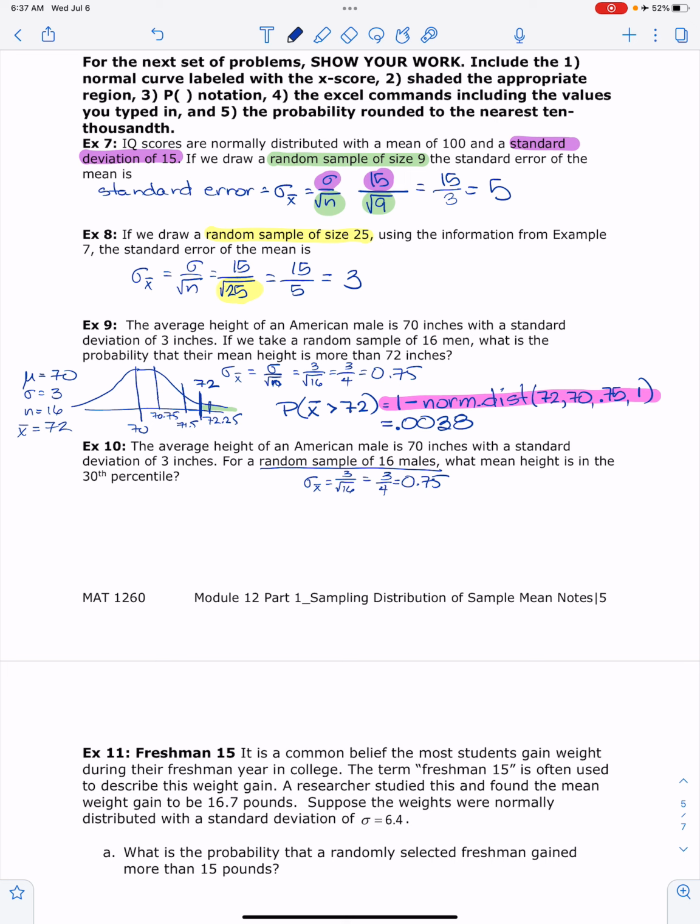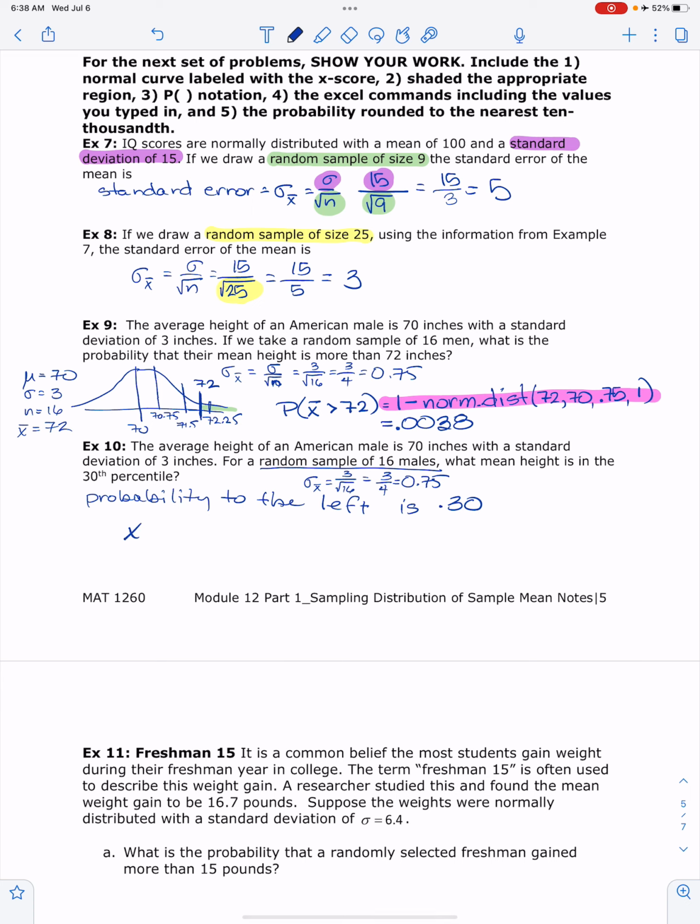We want to know what mean height is in the 30th percentile. So we've got the probability to the left is 0.3. There's our 30%.